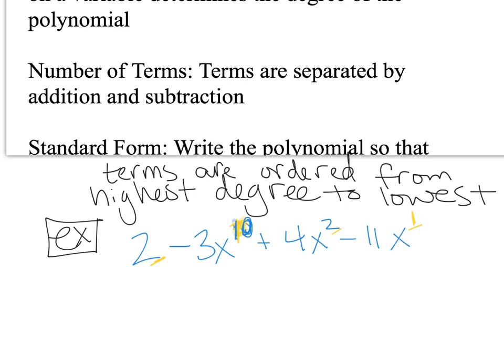So we want to go ahead and reorder this. Just to be clear, the term includes the coefficient, the variable, and the exponent, but when it's written like this, you need to make sure you bring the sign of that as well, because this is the same as having plus a negative. So we want to move the full negative 3x to the 10th to the front, because it has the largest exponent.